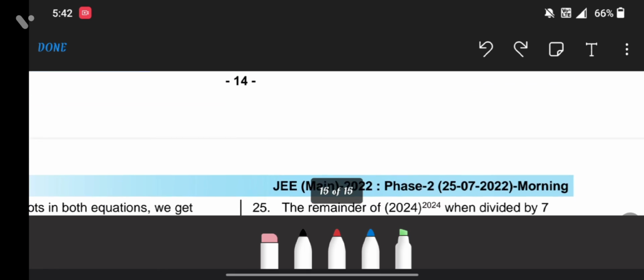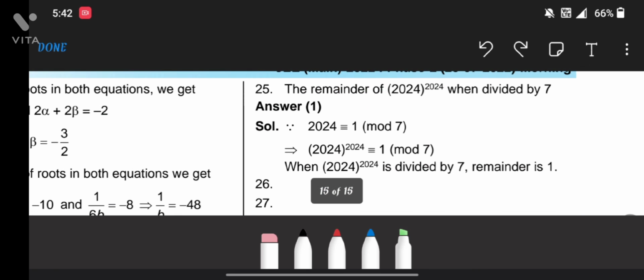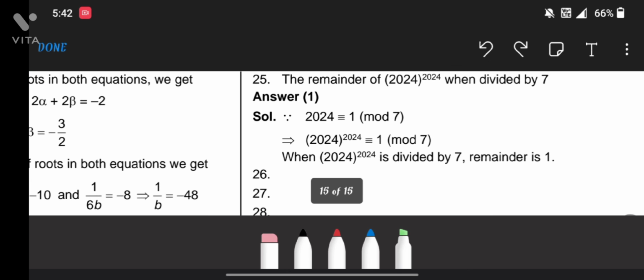Okay. Moving on to the last question of this paper, the 25th question. The remainder of 2024 to the power 2024 when divided by 7. 2024 is equal to 1 mod 7, so 2024 to the power 2024 is 1 mod 7.